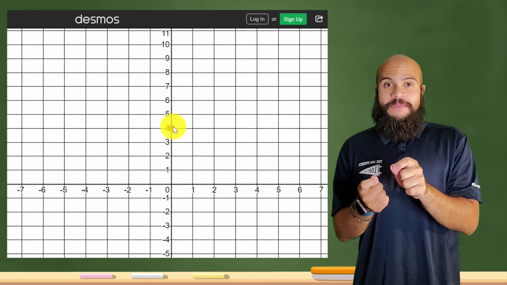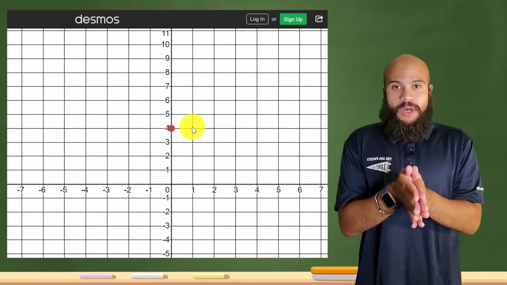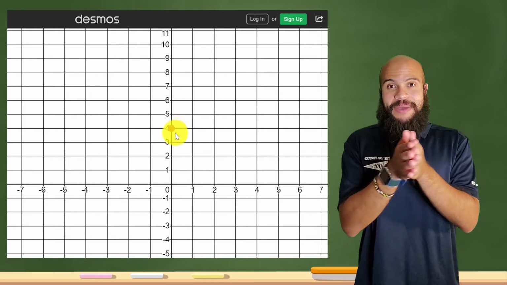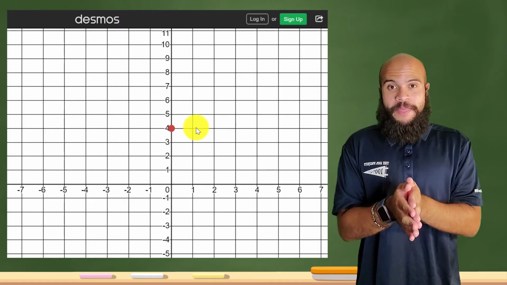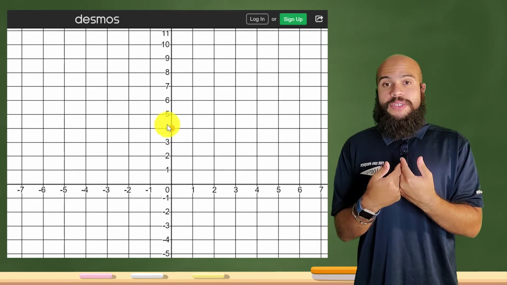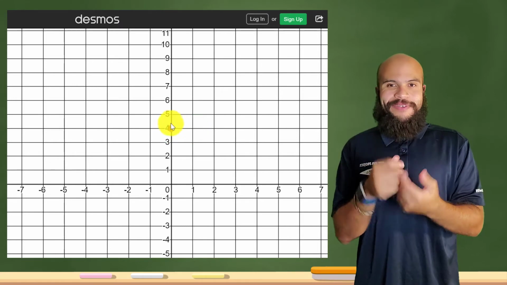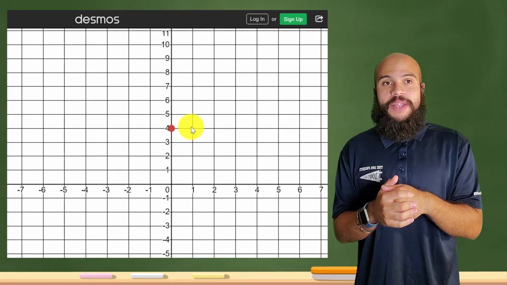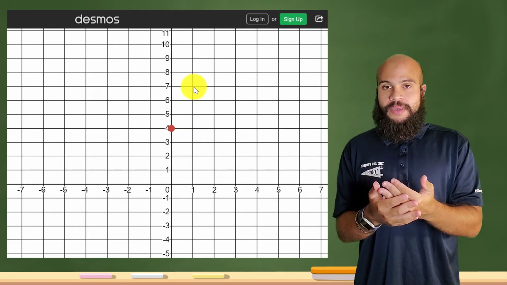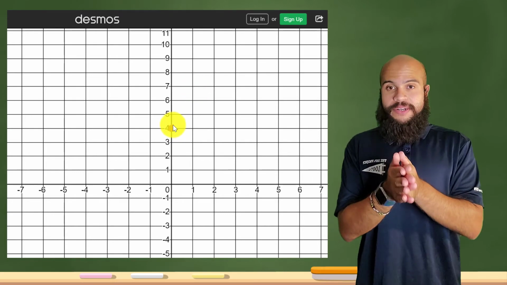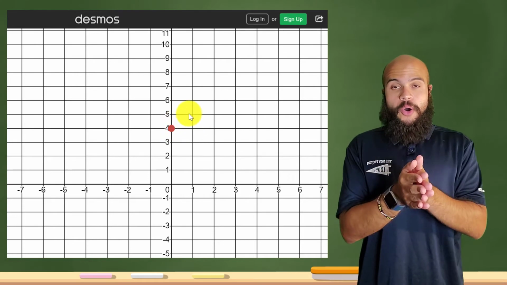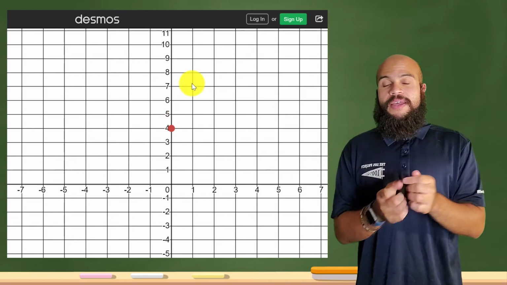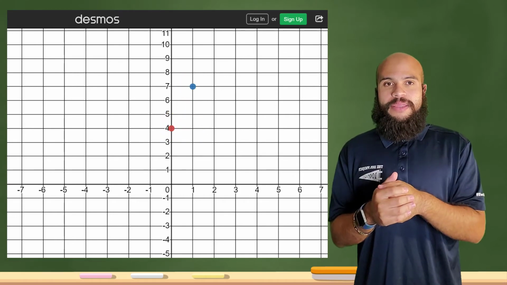Now, from there, I'm going to move over 1 because I know every time my x increases by 1, my y is going to increase or rise, I'll use that term in later videos a lot, by 3. So I'm going to move from that y-intercept point of 0, 4, going over 1, up 3, and I am placing a point there.